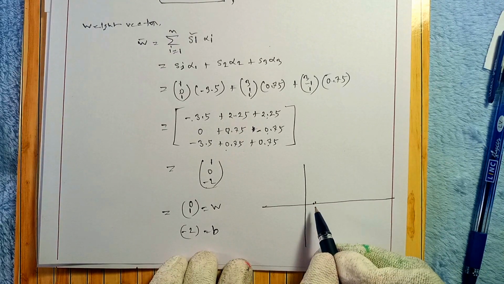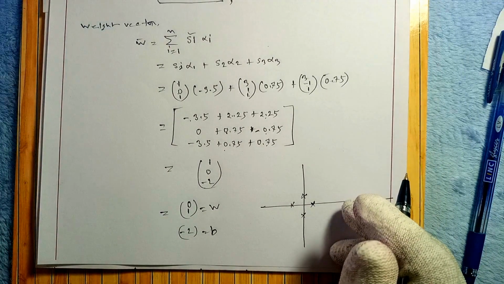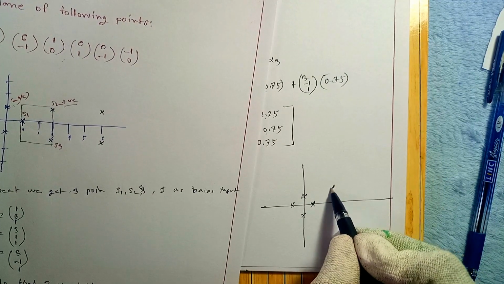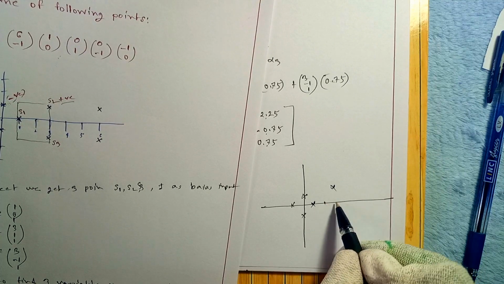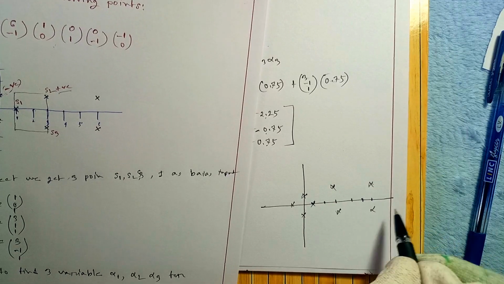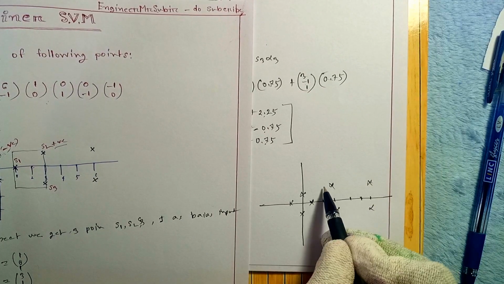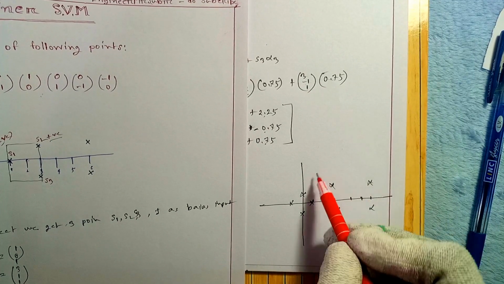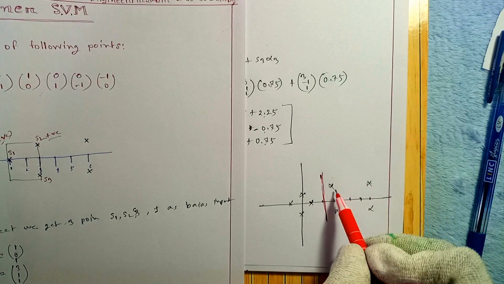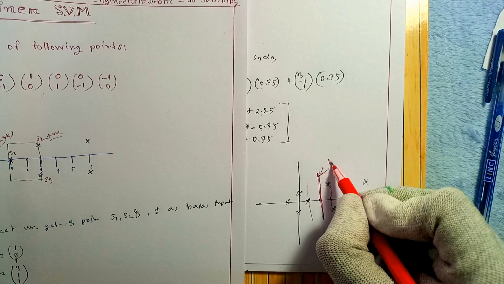So our points were 1, 2, 3 in the first table, and the next points were here, 1 and 1 point. So now this one will be our hyperplane.